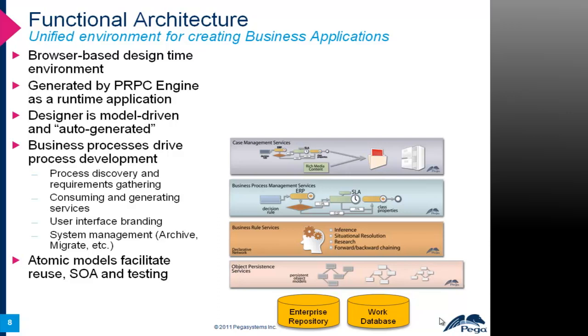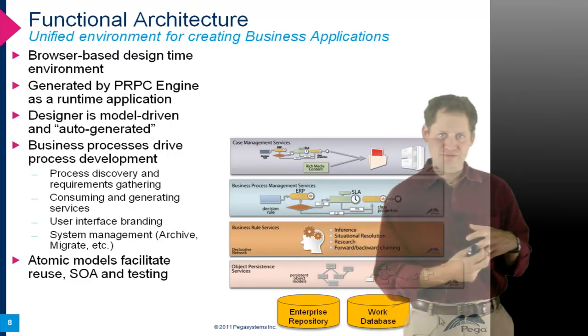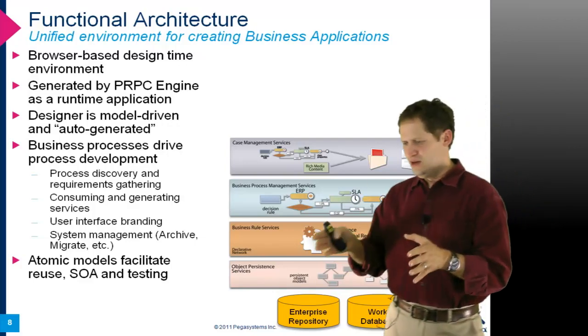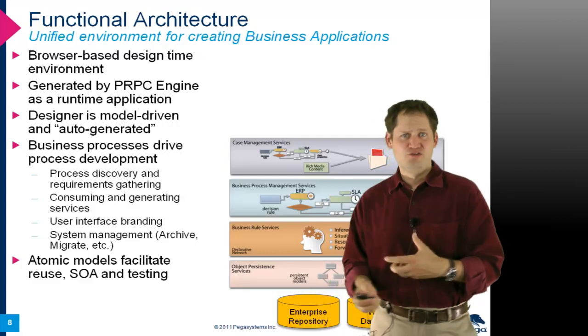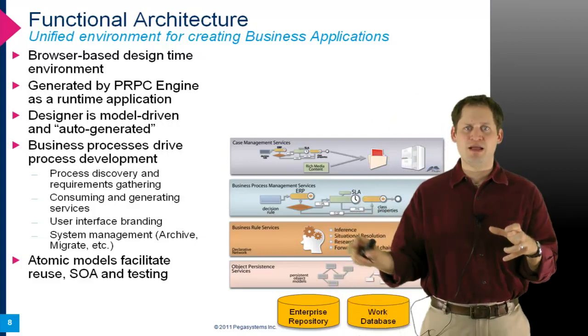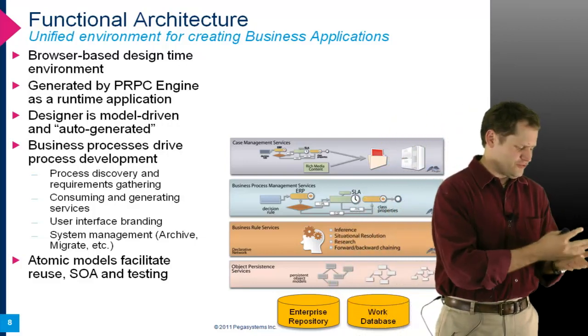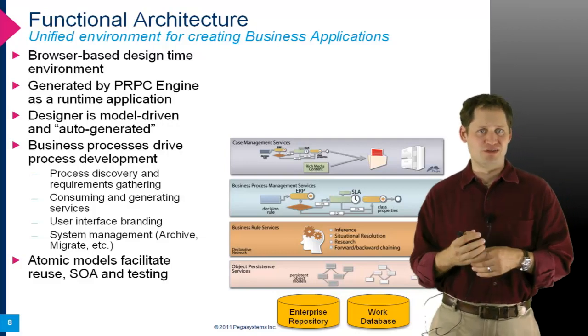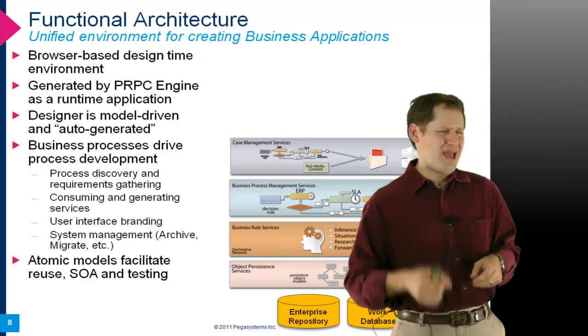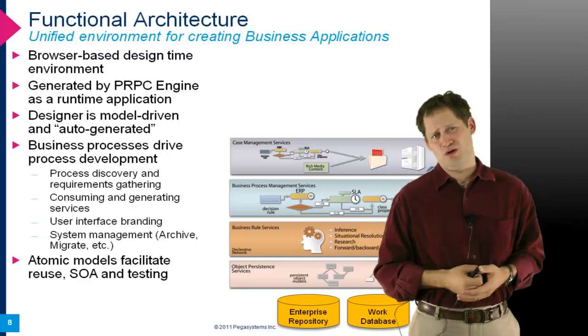If you think about long-term care or care management, I'm going to have a case that lives for a long time, and the tasks and steps I do on that case are driven not by a process, but by events, or by other tasks, or by contacts. So the case management layer of Pega allows you to track not just your static processes, but your much more dynamic, much more ad hoc processing as well, pushing the power of BPM out into what sometimes gets called the knowledge worker community.